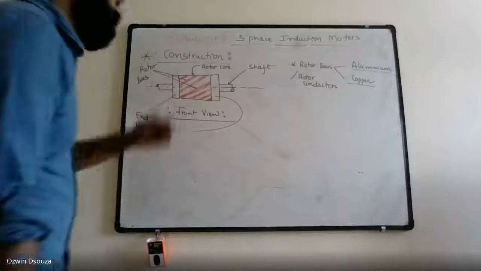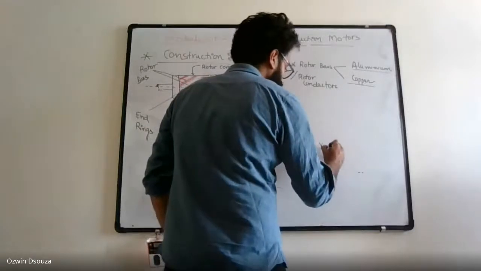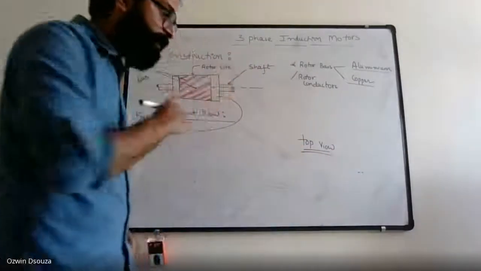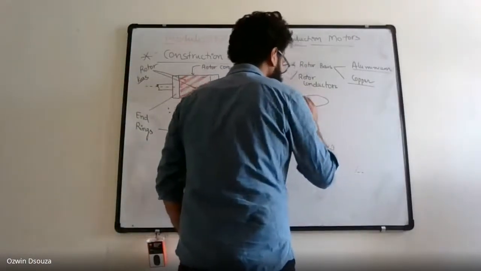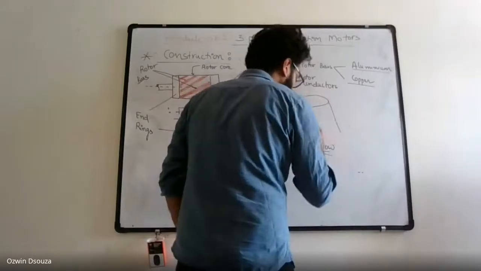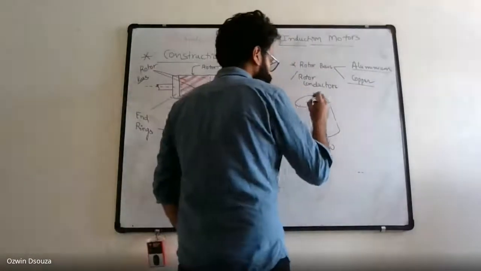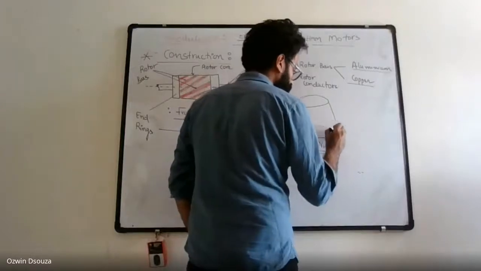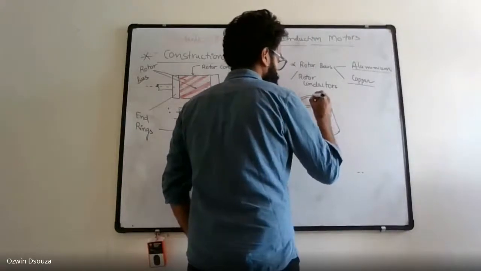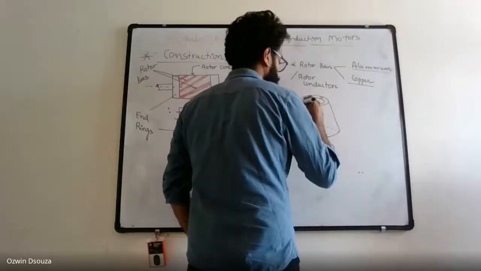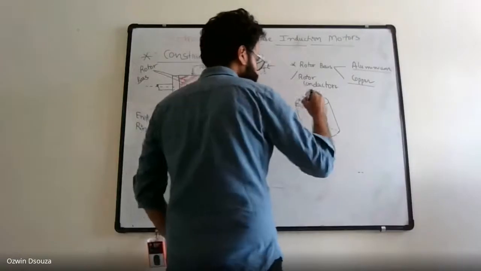This is the front view, and I can also try to draw the top view. In the top view, you will be able to appreciate the squirrel cage shape. But in the exam, you don't have to draw the top view. So these are the bars.